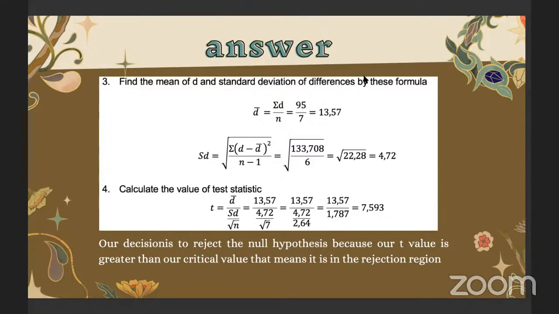After we get the standard deviation of difference and the mean difference, we're going to calculate the value of the test statistic. And the value of it is equal to 7.593. It means that our decision is to reject the null hypothesis because our t-value is greater than our critical value. That means it is inside the rejection region.